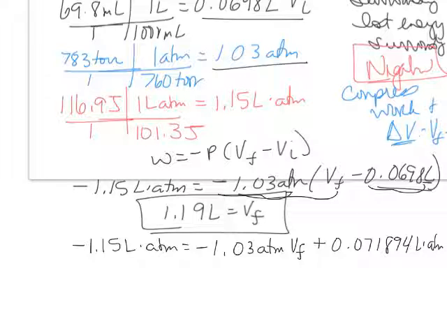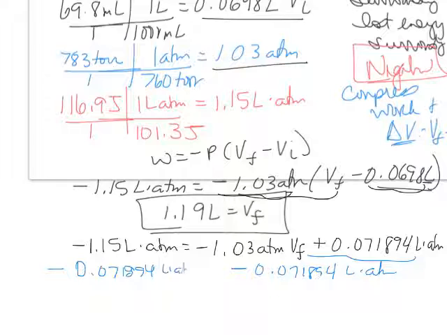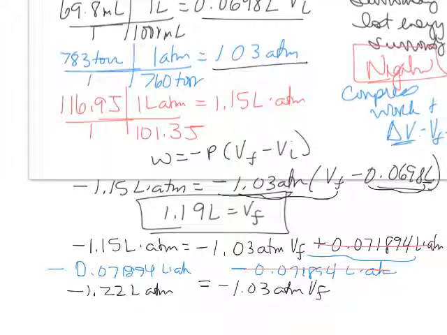Since this is addition right here, you can subtract that from both sides of your equation, liters times atmosphere minus 0.071894 liters times atmosphere. That will cancel this out, and you will get a negative 1.22 liters times atmosphere equals negative 1.03 atmospheres times VF.